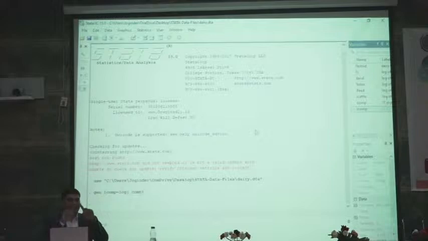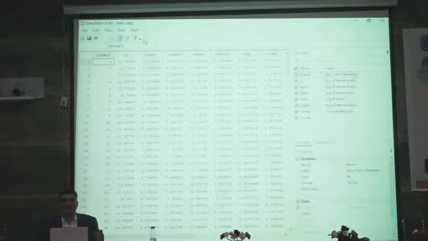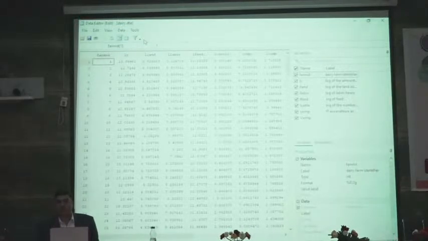How to check the complete data? Where we have to click? Data editor. Sorry, this one. Data editor. When you click on data editor, you get the list of all the variables, or a new variable which you have recently generated.